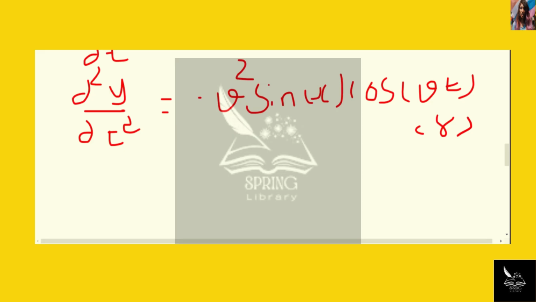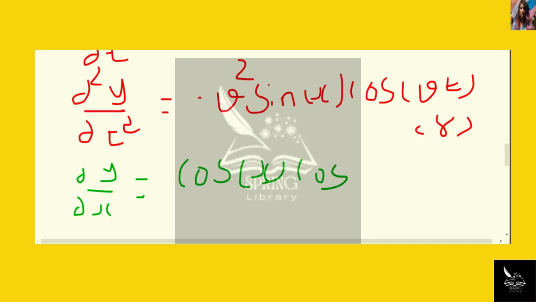Now differentiating equation 2 with respect to x, that will give us del y over del x is equivalent to cos of x into cos of vt. Let's say equation 9.